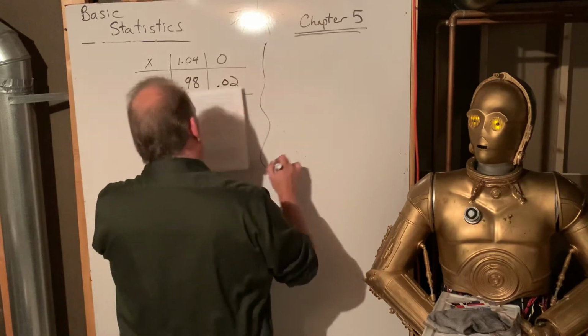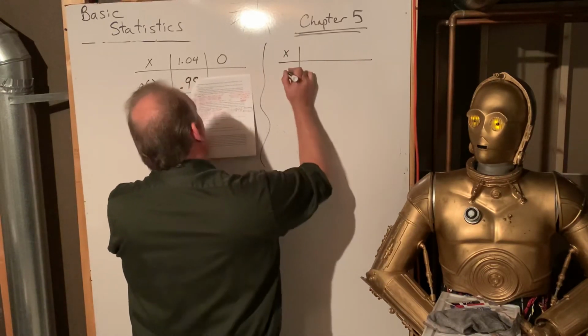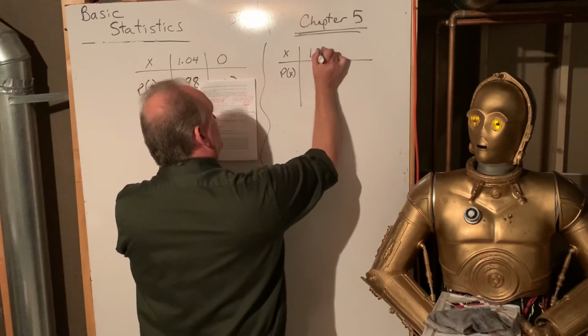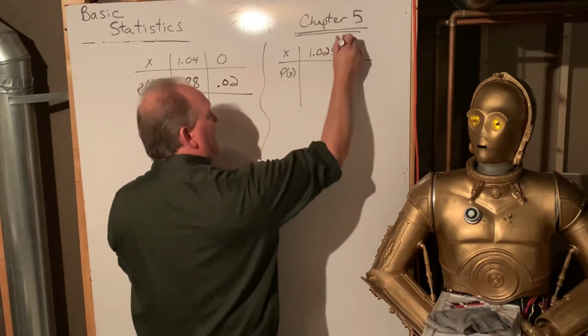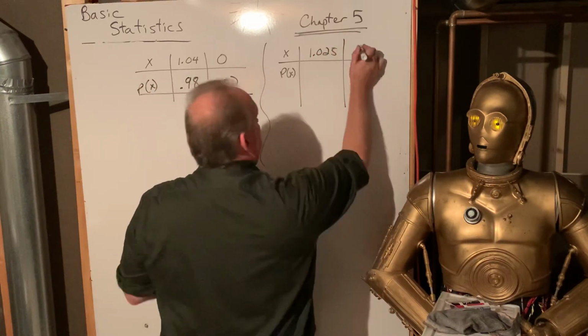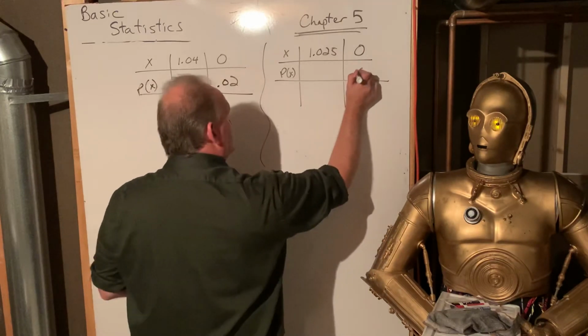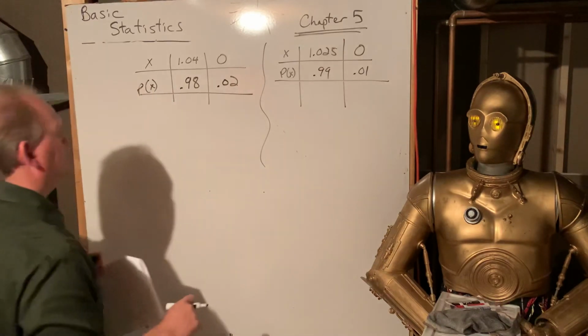The other bank looks like this. It's only 2.5%, so that's 1.025. Or 0. If it goes belly up, there's only a 1% chance of that, 99% chance that it doesn't.